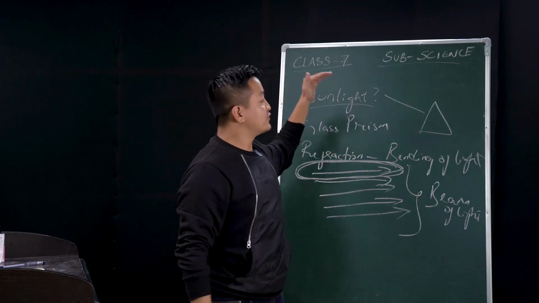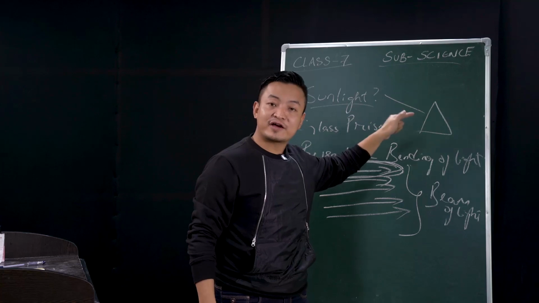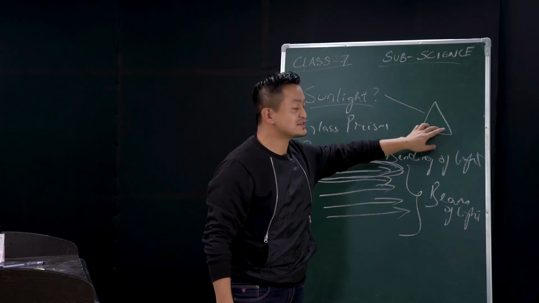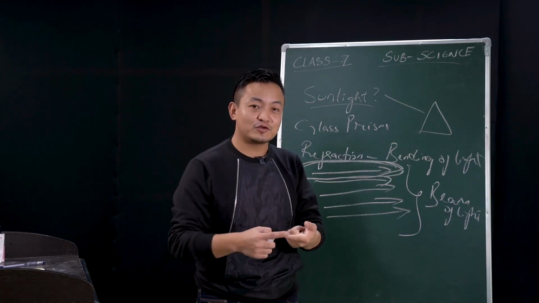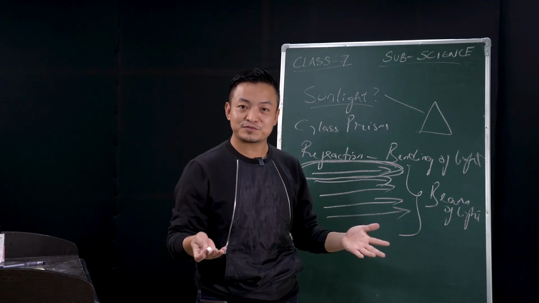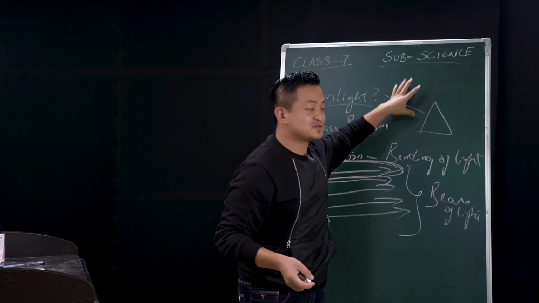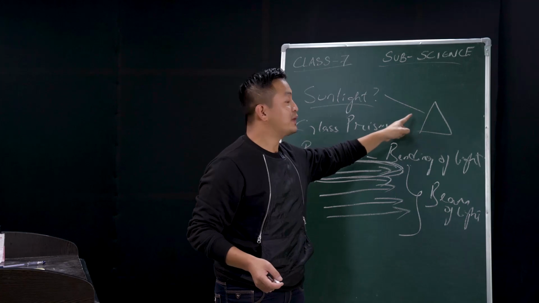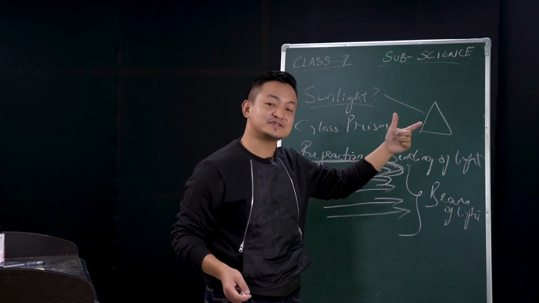Now when sunlight falls on this glass prism, it will refract. You see this is air, and this is glass, and light passes through a transparent medium. Air is transparent, and even glass is transparent. So bending of light will take place, which is refraction.